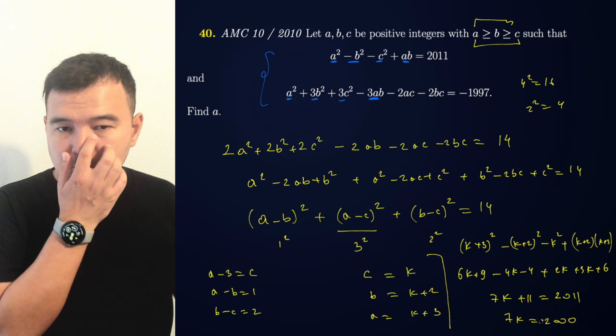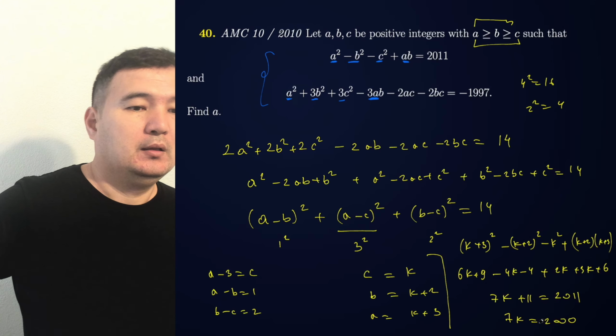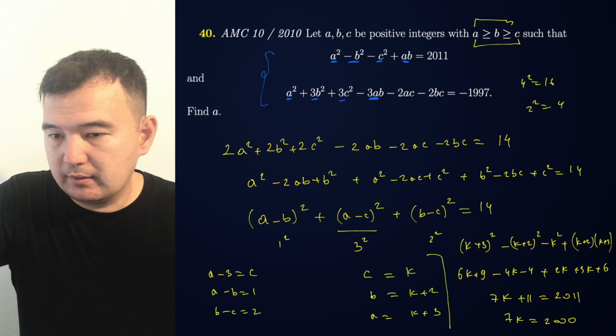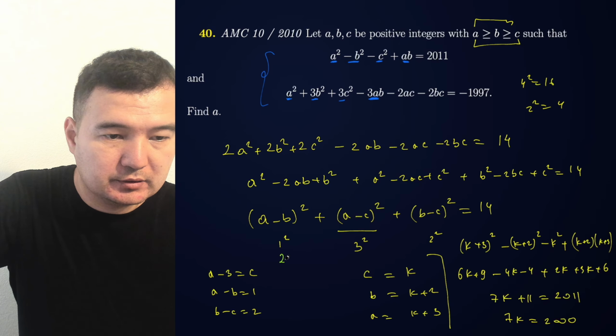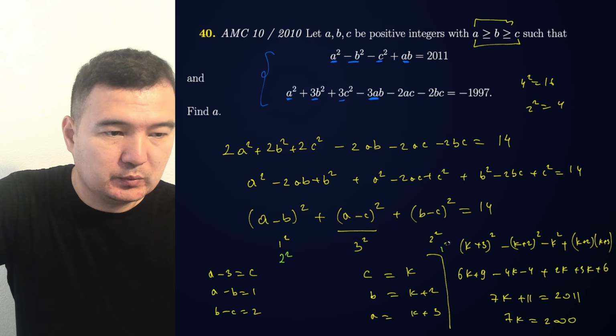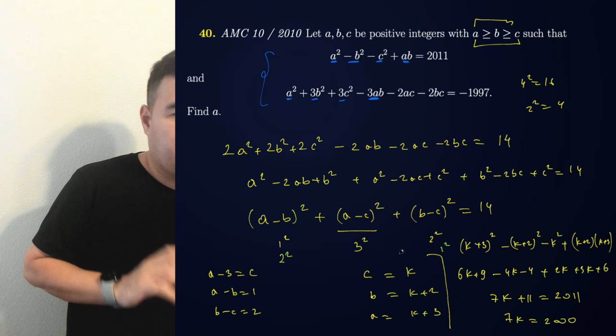So it turns out we chose the wrong one. Then the correct answer will be the other case: this is 2 squared, this is 1 squared, so it should be the opposite way.